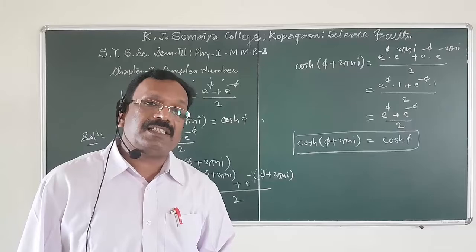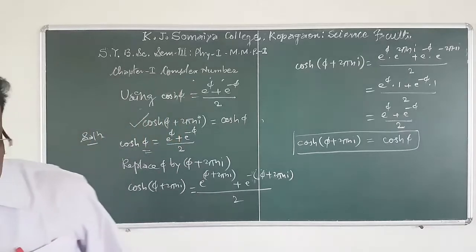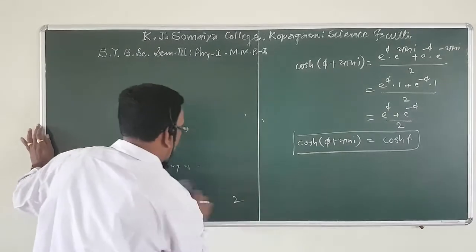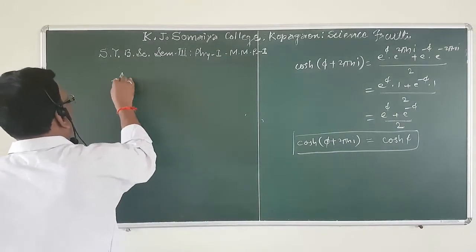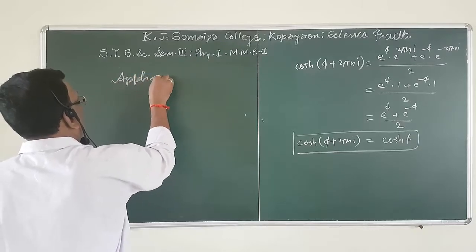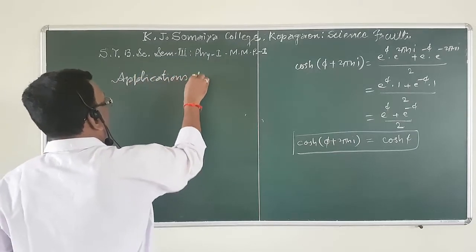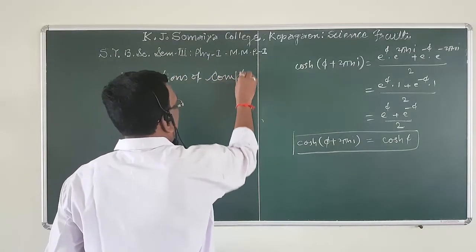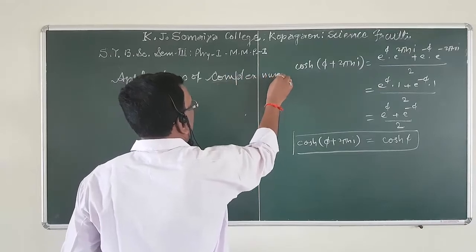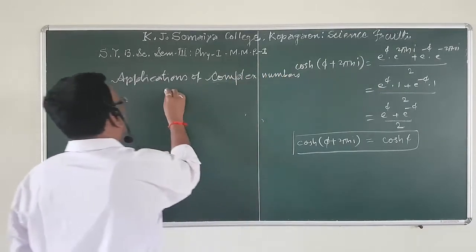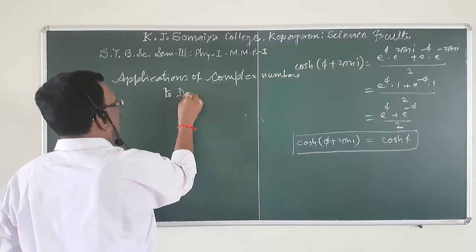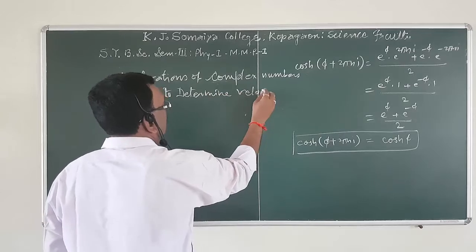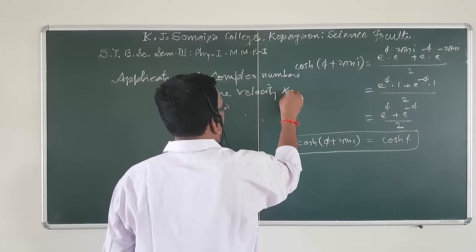Now we are going to see the last point of this chapter, that is application of complex number, to determine velocity and acceleration.